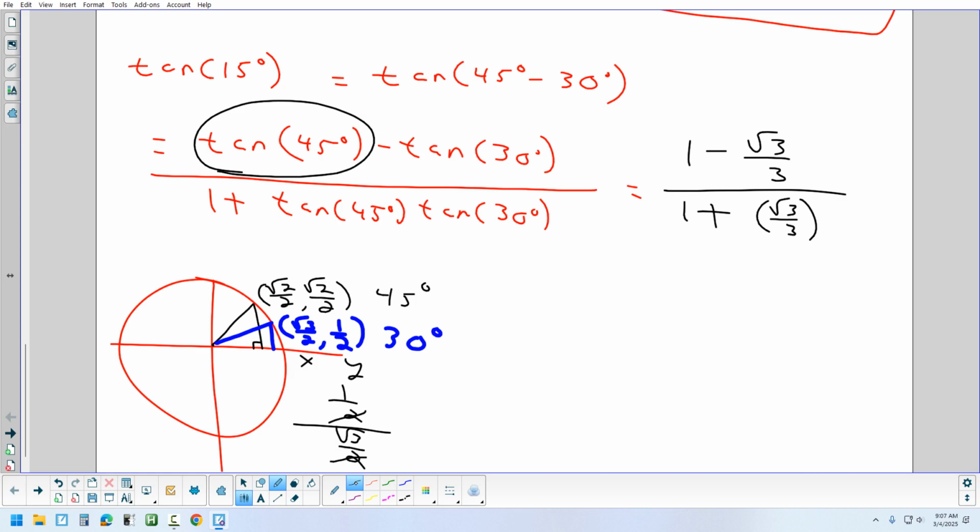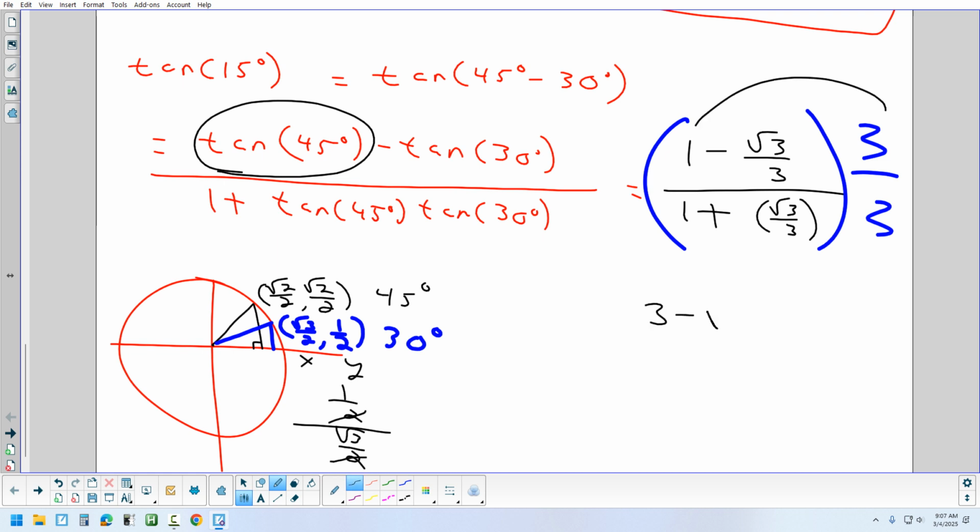Multiply by 3. Yeah, multiply everything by 3. 3 over 3. And distribute that 3 out. So that's going to give you 3 minus root 3. And in the bottom, what would you have? 3 plus root 3.